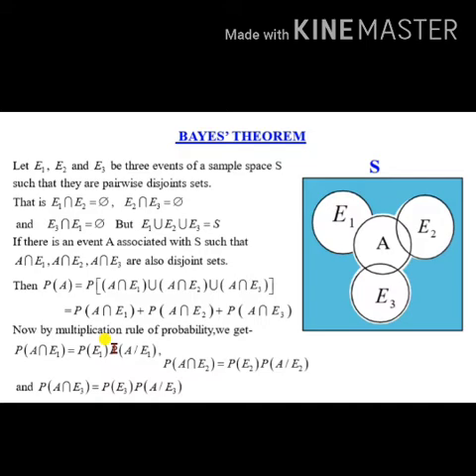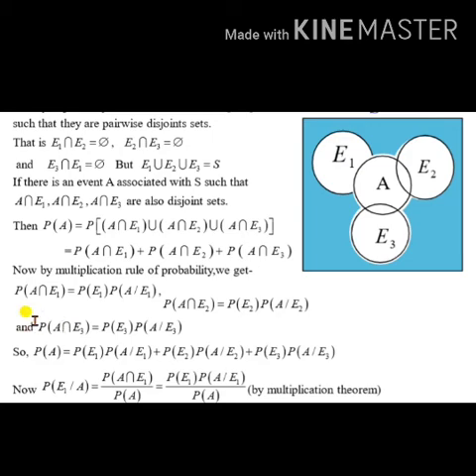By a simple simplification of one or two steps, we get this result. Similarly, probability of A intersection E2 equals probability of E2 into probability of A by E2, and probability of A intersection E3 equals probability of E3 into probability of A by E3. These are by the multiplication rule of probability.